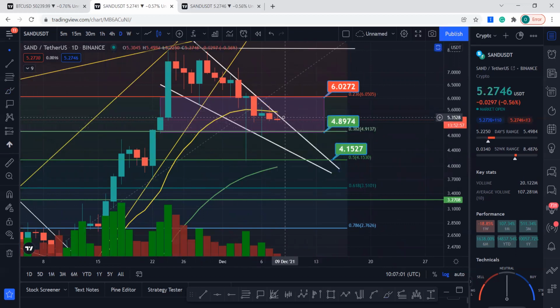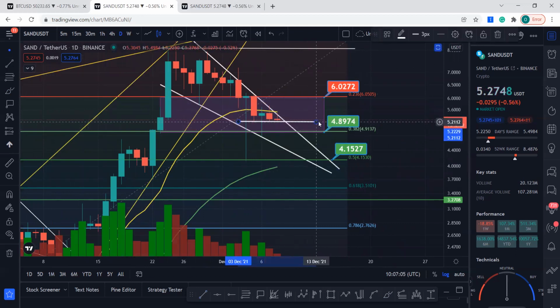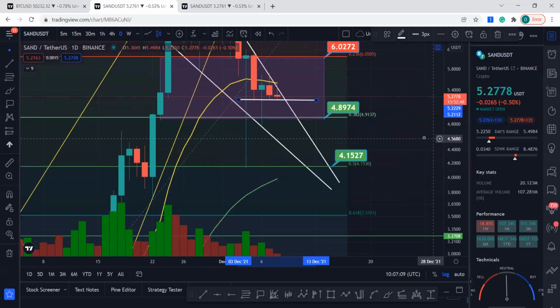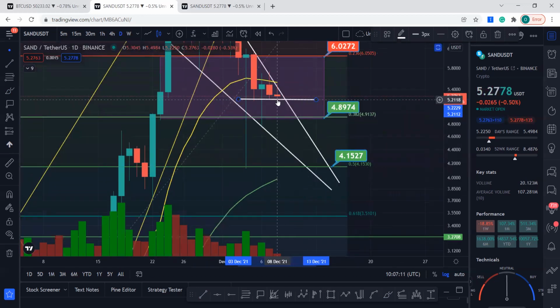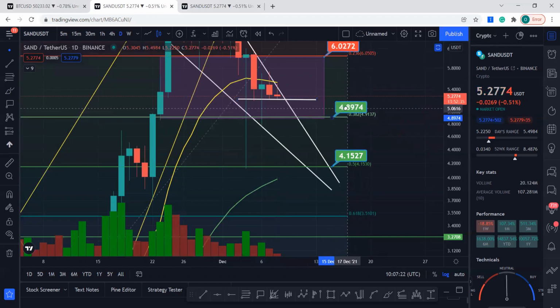So now if we break this right over there, which is the $5.22, if we break that level, okay, then we're most probably going to come back to retest the 0.382 level at $4.91. Let me just get this spot on for you. $4.91, okay.